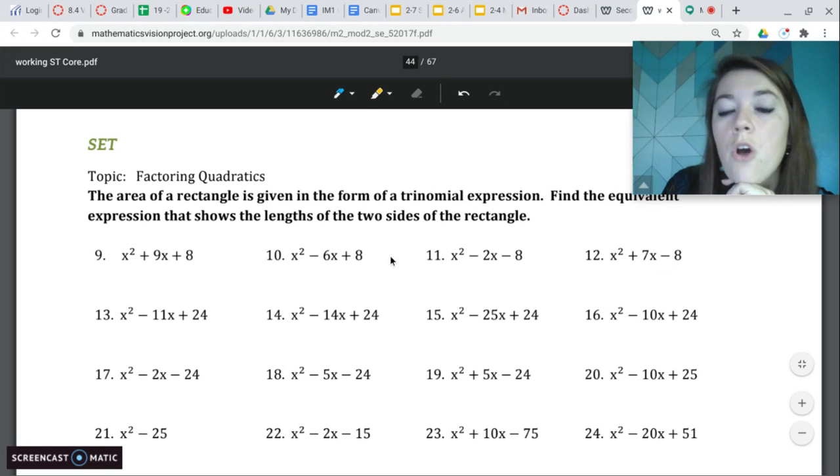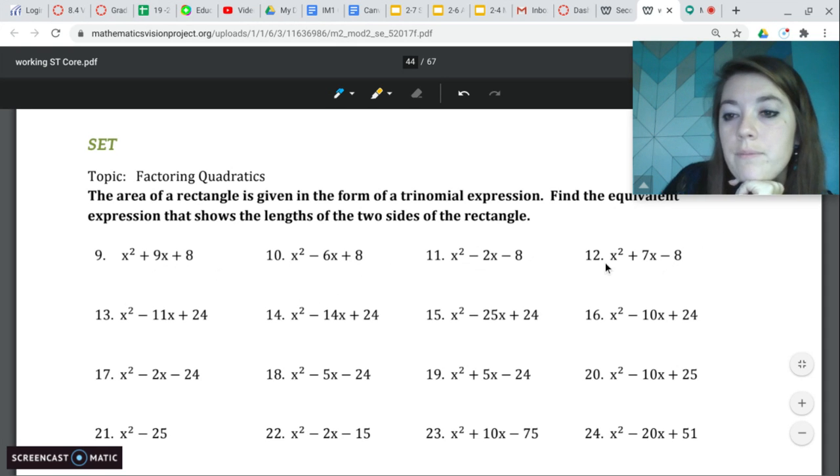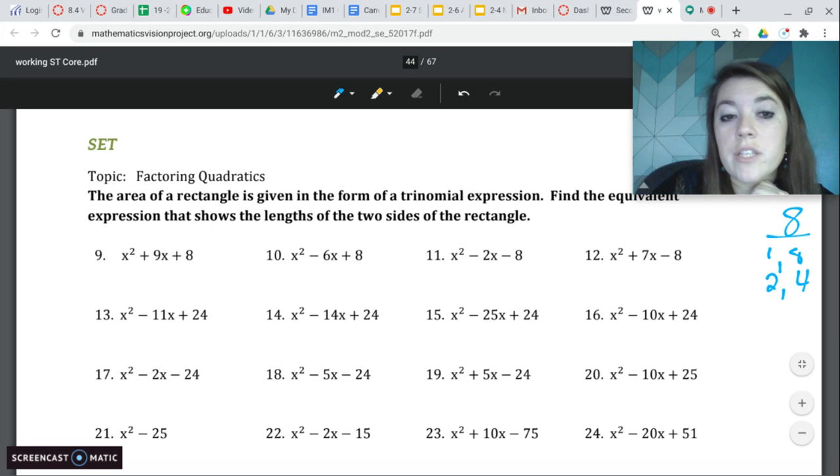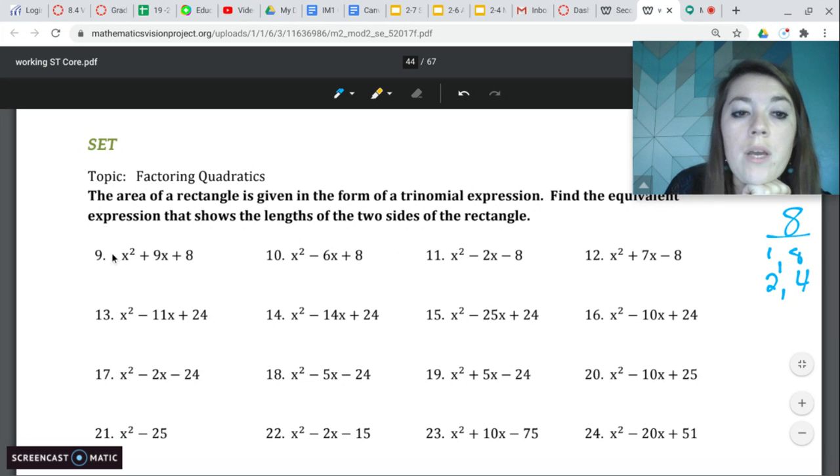So we're going to look at this top row. All of the C values, notice, are 8. So we're looking for factors of 8. So we have 1 and 8, 2 and 4. That's it. So those are our factors of 8.